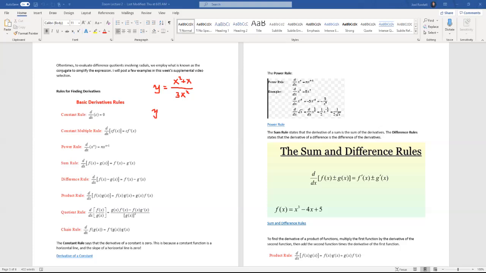And we want to find the derivative. Well, let's do the first part here. We have to take the bottom function, which is our g of x. That is going to be 3x squared.